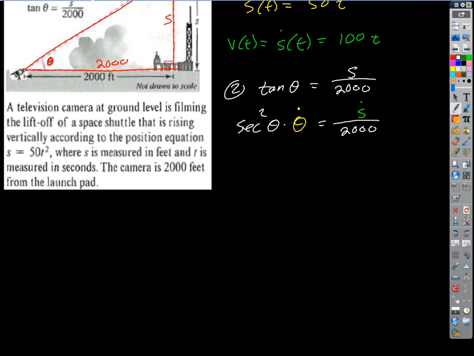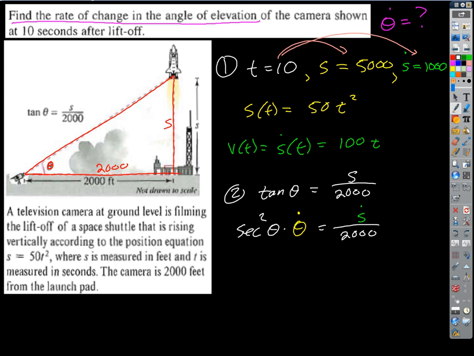Okay? So we have a couple options. We could go back and solve for theta, and all we'd have to do is use the Pythagorean theorem. Actually, we would just take a tangent of a specific value, right? We could say, solve the equation tangent theta equals, wasn't that 5,000? Yes. 5,000 over 2,000, which is tangent of theta equals 5/2.